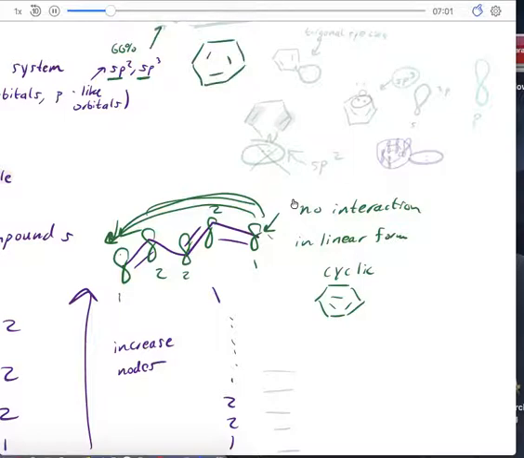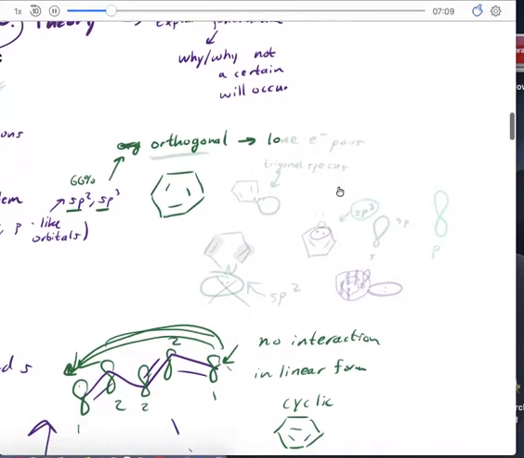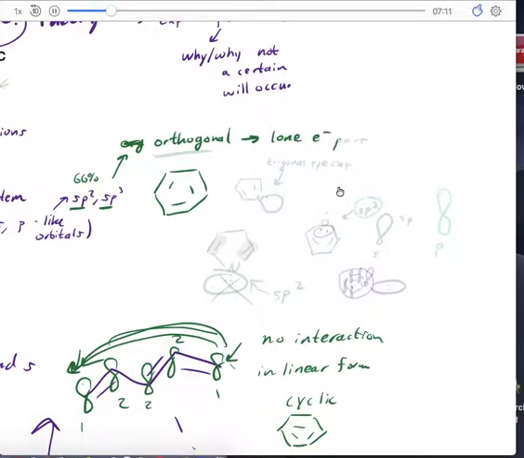So this is referring to orthogonality, orthogonal, as far as lone electron pairs go. So if we compare, say, this guy, we will do this, and we'll compare it with furan, which is this.